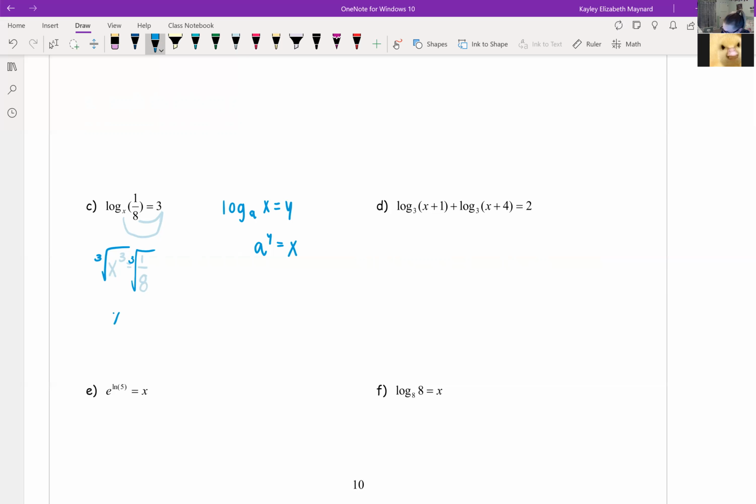So then we get that x is equal to the cube root of 1/8. And so that's just asking you, what number do we multiply to itself 3 times to get 1 over 8? So the answer to this one is 1/2. And that's because 1/2 times 1/2 times 1/2 is going to give you 1 over 8. So the answer for this one is just x is 1/2.